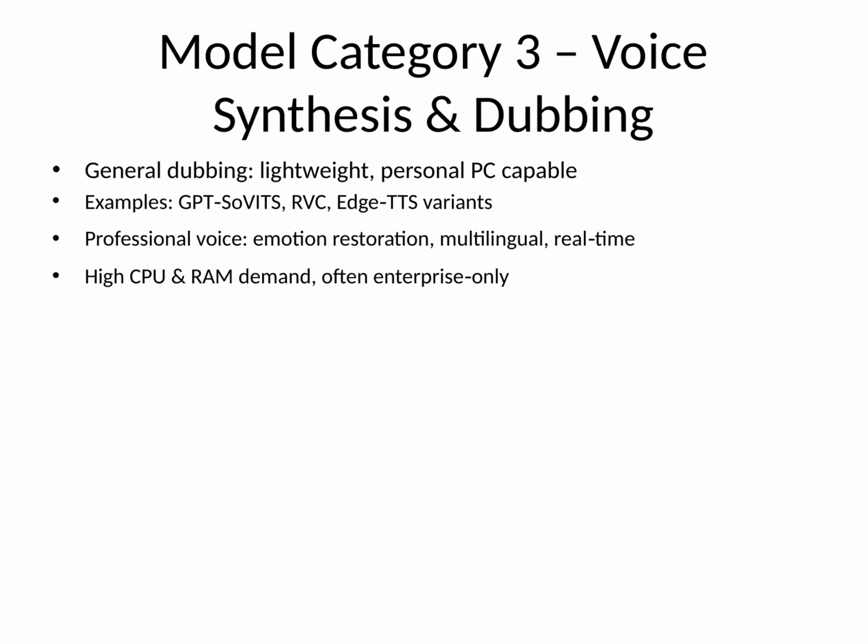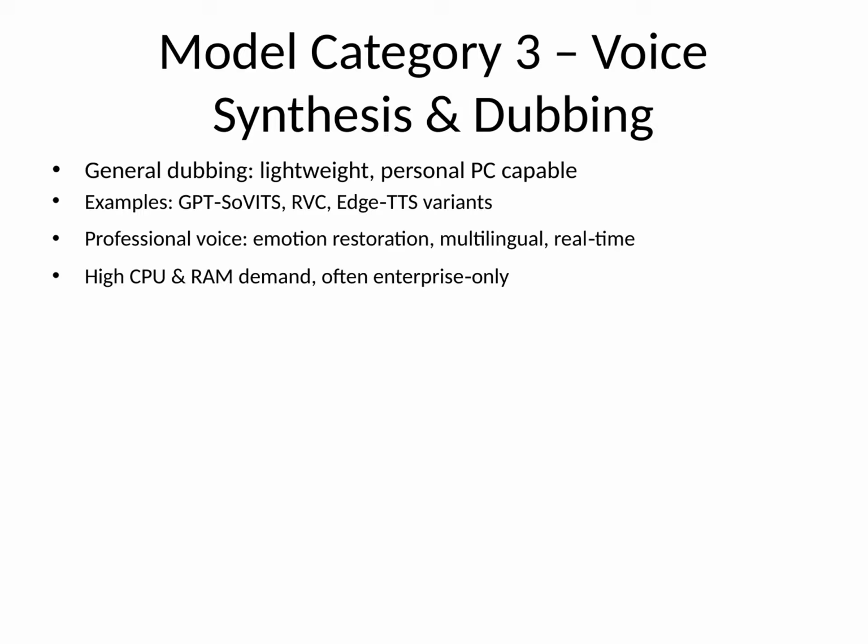On the professional end, however, requirements increase significantly. High-quality voice systems aim for emotional nuance, multilingual fluency, and real-time performance. These tasks often depend more on CPU multi-core performance, memory capacity, and specialized audio processing pipelines than on pure GPU power.